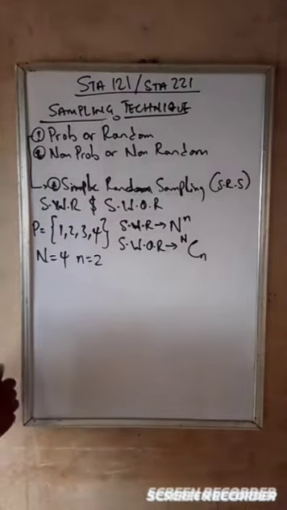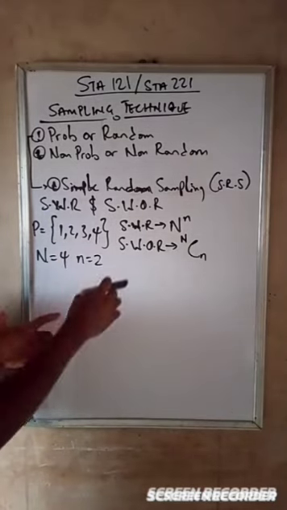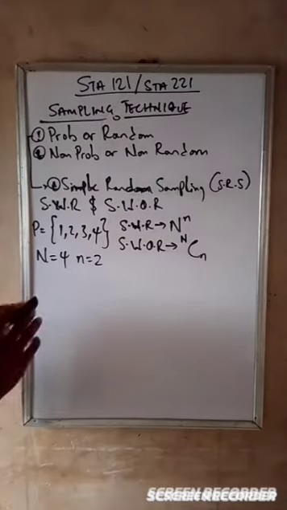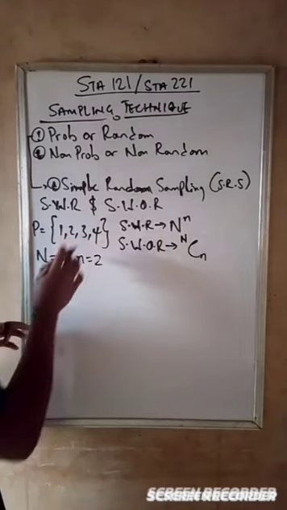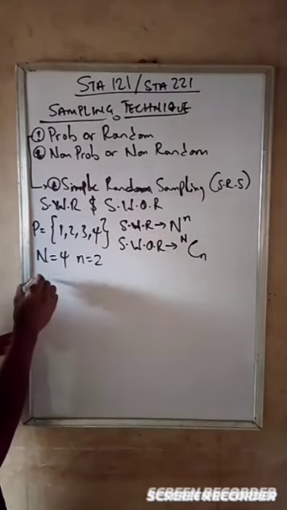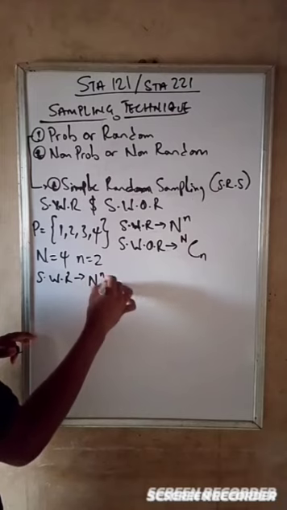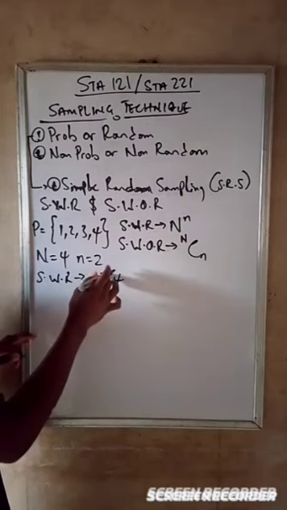Okay? So now, how do I form samples with replacement? The first thing I will do is to check the total number of samples that I can form. For this one, what is my population size? For sampling with replacement, we already know that it's capital N to power small n. So my capital N here is 4, raised to power, what's my small n? 2.